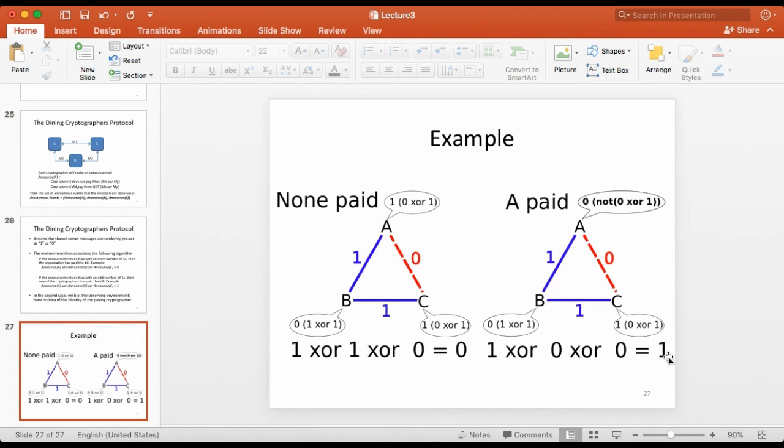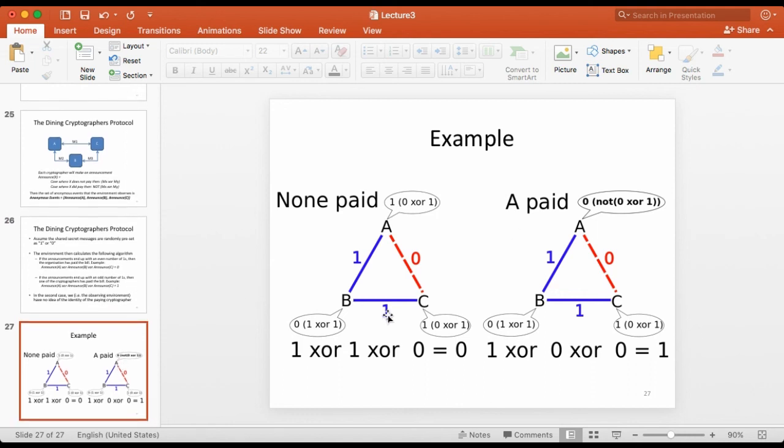So because it's an odd number of ones, the observer will conclude that one of the cryptographers paid for the meal, but it has absolutely no way of knowing that it was A who paid for the meal, simply because it has no way of knowing which one of these 3 cryptographers is actually lying about the result of the XOR.